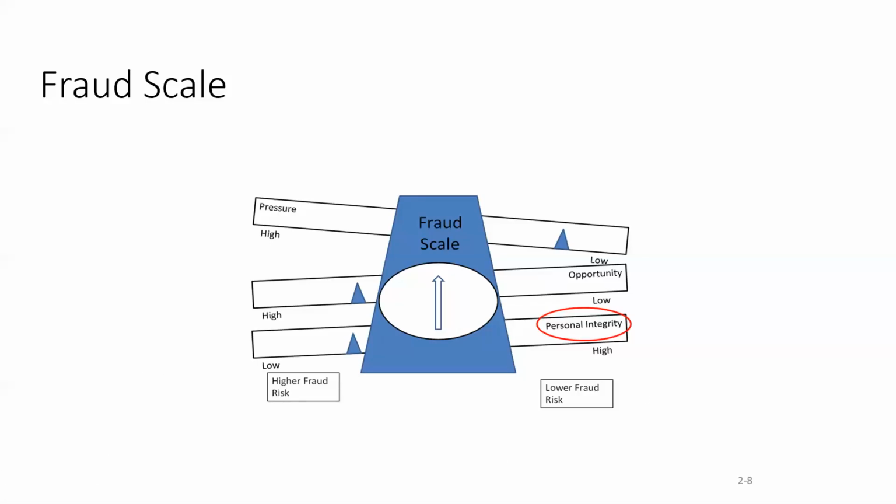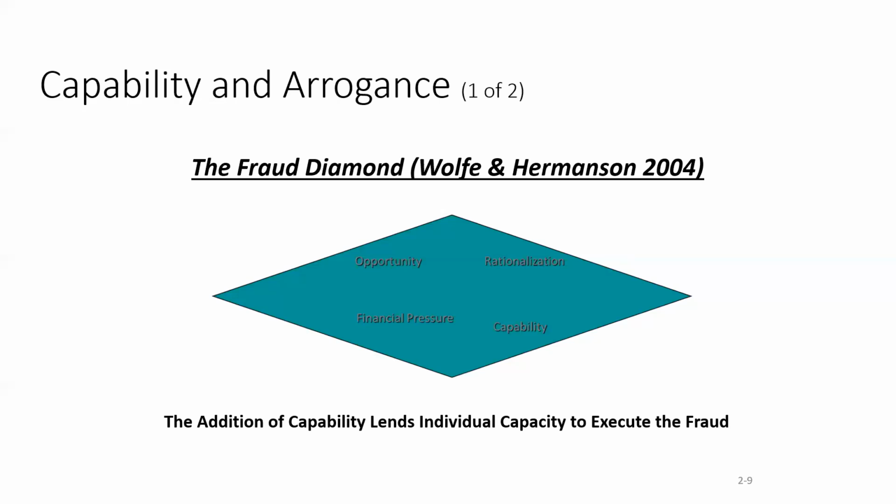The last part: the fraud triangle has been elaborated on by several different researchers. First we have Wolf and Hermanson, and they have added capability. So we have opportunity, rationalization, financial pressure, and the fraud diamond adds this idea of capability.